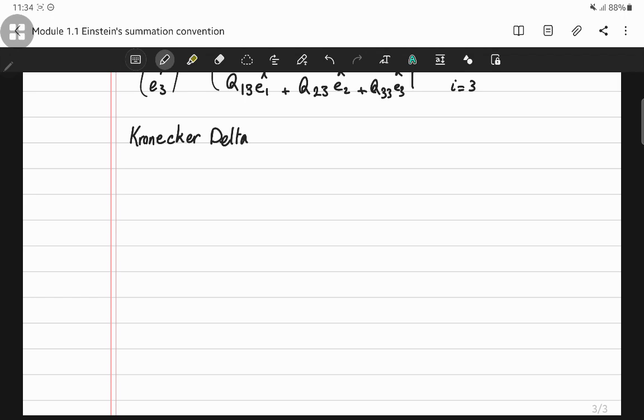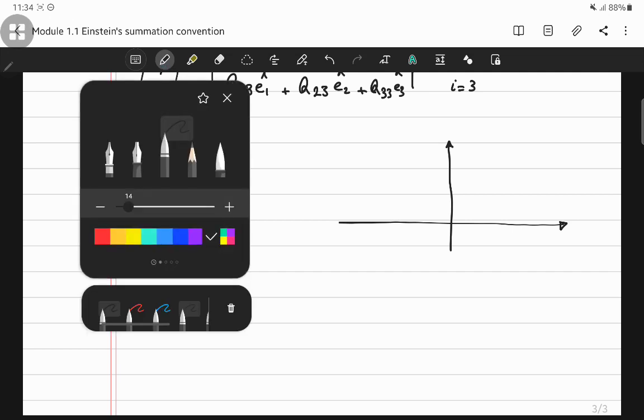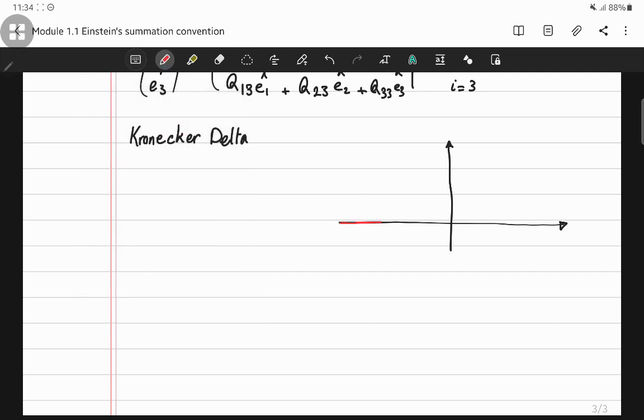So you say that this function is always, let's say, 0, but at 0 it is, let's say, infinity. So it has a very, very high value. So its usage is quite significant in impact mechanics and, let's say, vibration analysis.